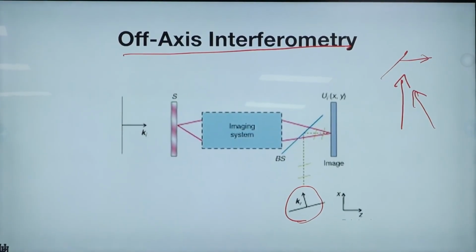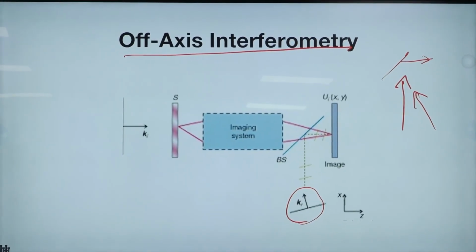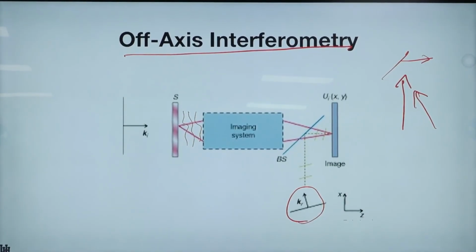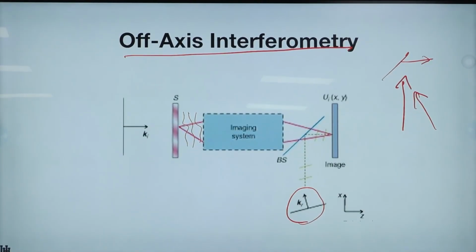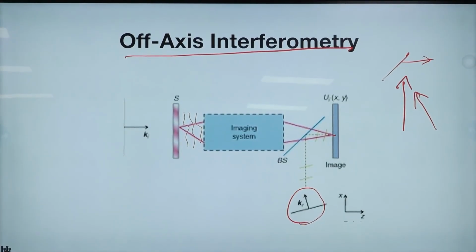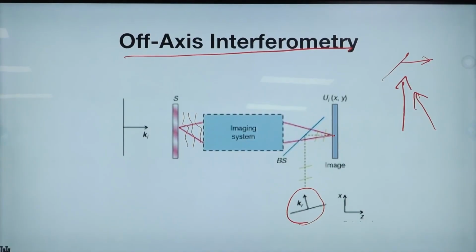So with this off-axis approach, if I have a sample, it's emitting light which has a certain waveform or phase profile, goes through the imaging system, and before it goes to the detector or camera sensor, you have it interfere with something which is coming in at a slightly off-axis angle.